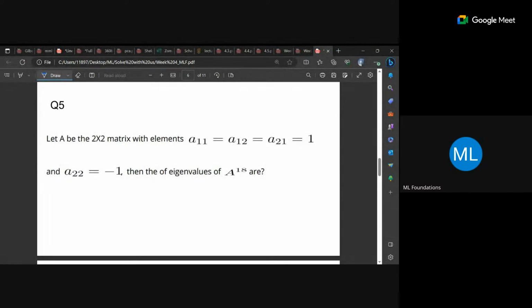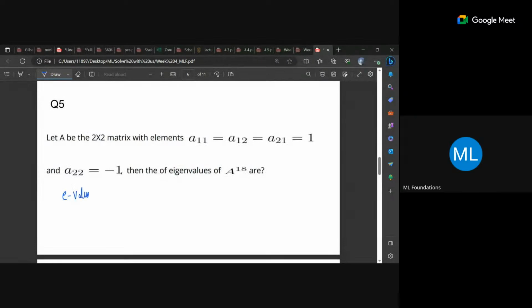So the eigenvalues for A come out to be plus minus under root 2. So if I'm able to write A as P D P inverse, my eigenvalues for D would be just 2 to the power 9, which we can just calculate.